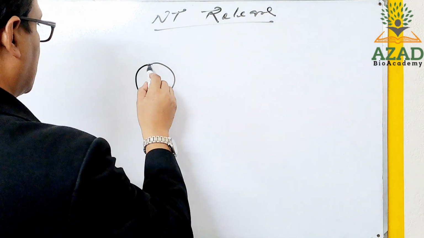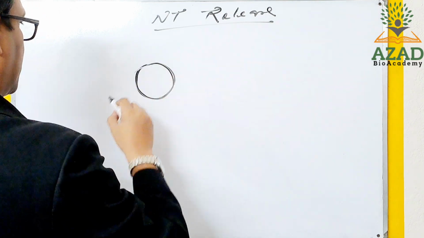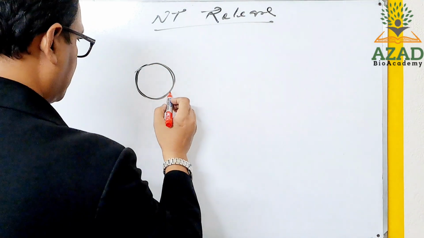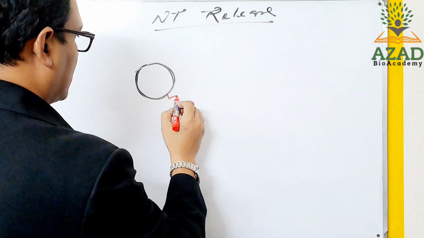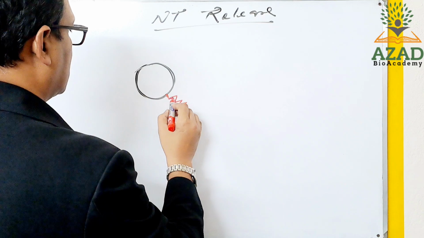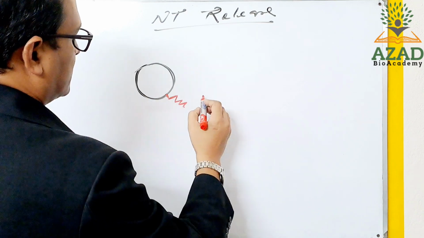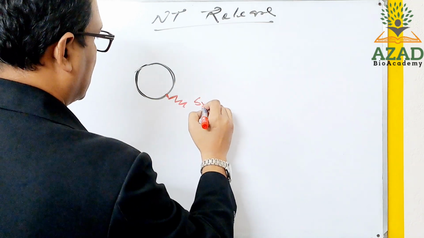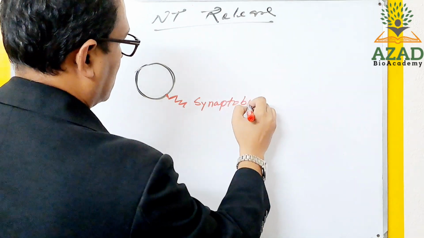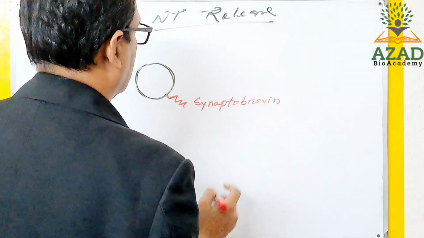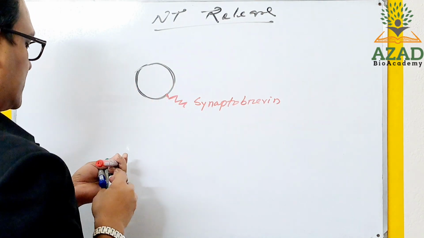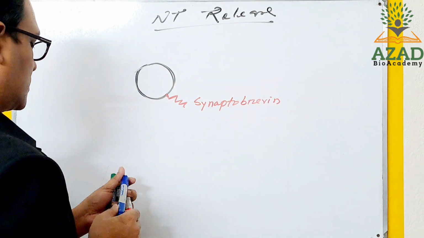The membrane carries an alpha helical structure, that is synaptobrevin, as it is attached with the vesicle, and inside are the neurotransmitters.